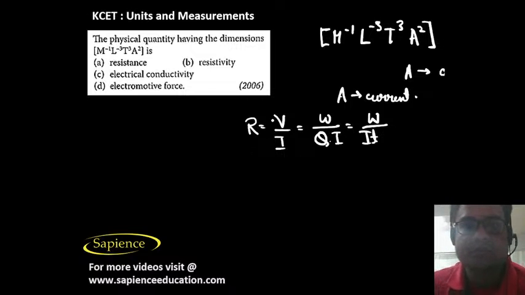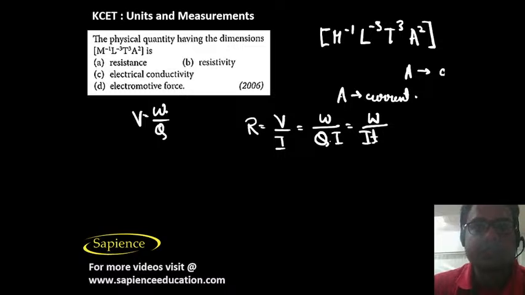So R equals V by I. V we know is equal to W by Q, since voltage is the work done per unit charge. Work done is equal to force into displacement.